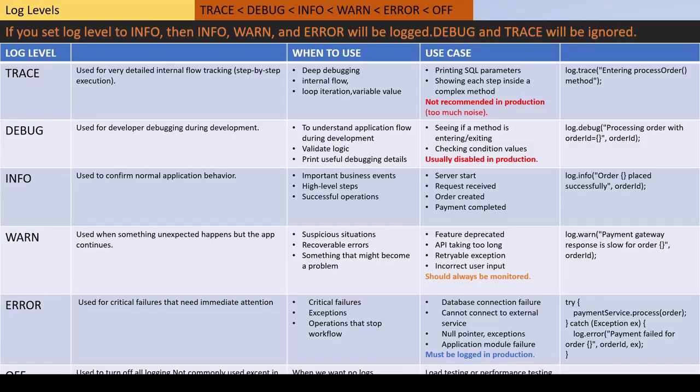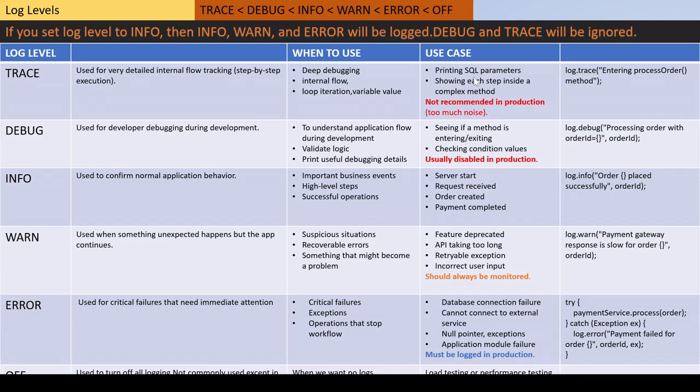If we want to understand each and every step, then we have to go for trace. Or as I mentioned here, loop iteration, variable values, internal flow, then we can go for the trace level.